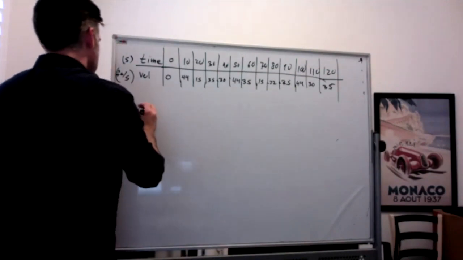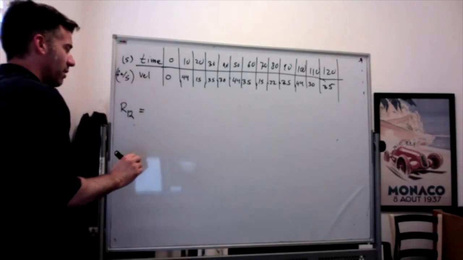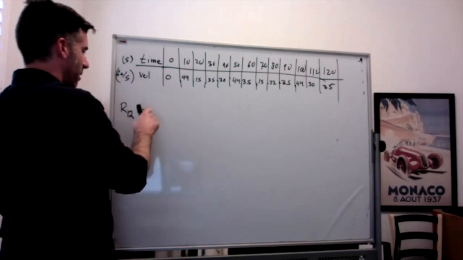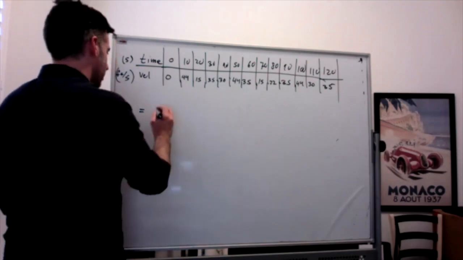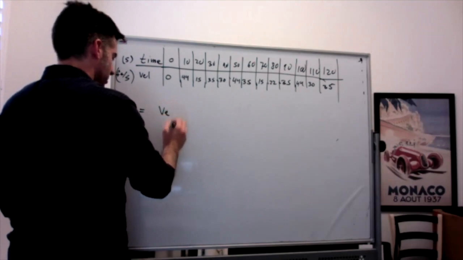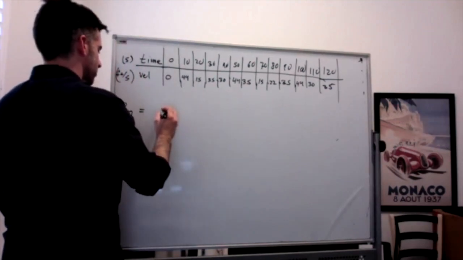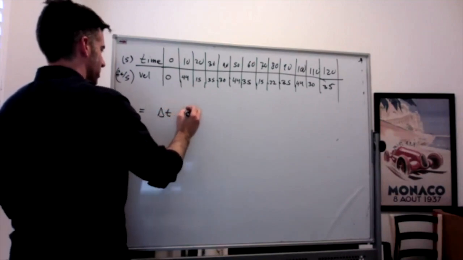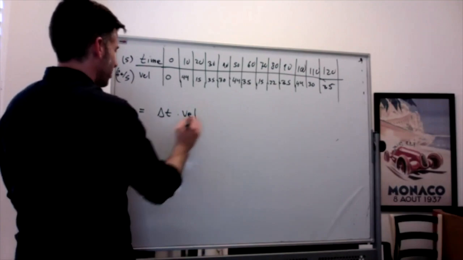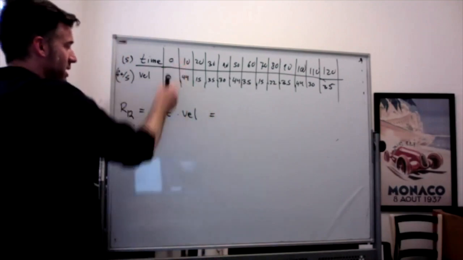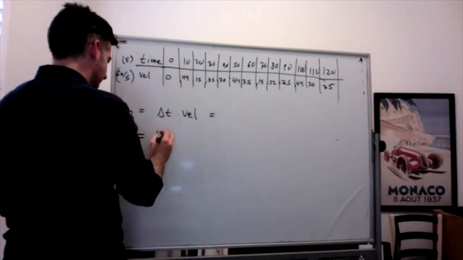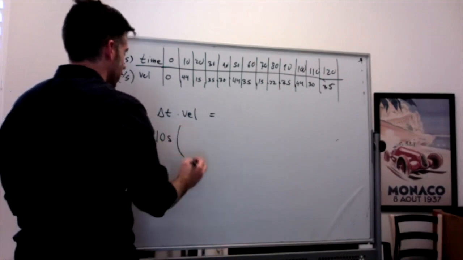So if I'm using right endpoints, my distance traveled is the change in time times the velocity. Each subinterval, the change in time is 10 seconds.